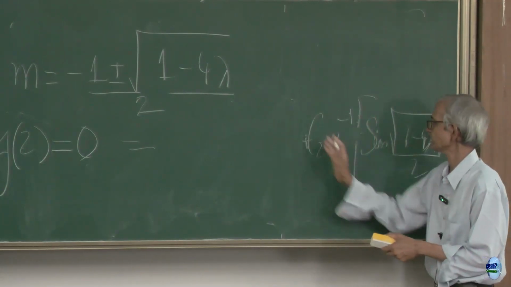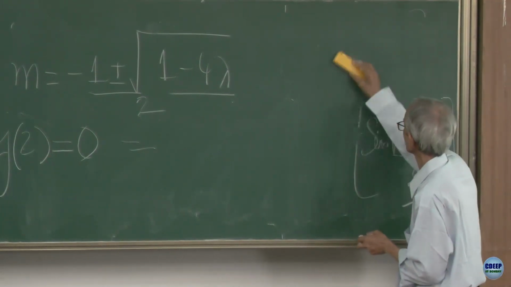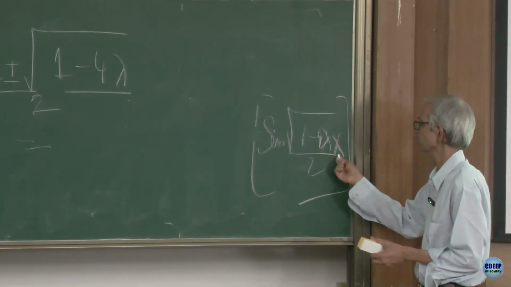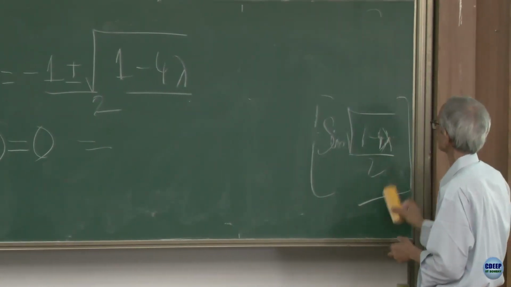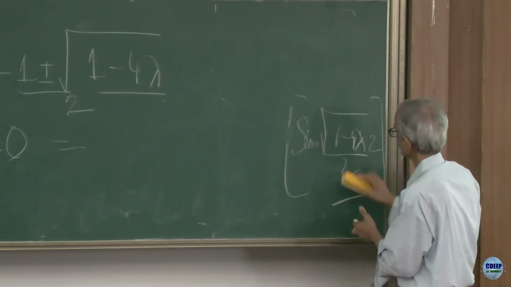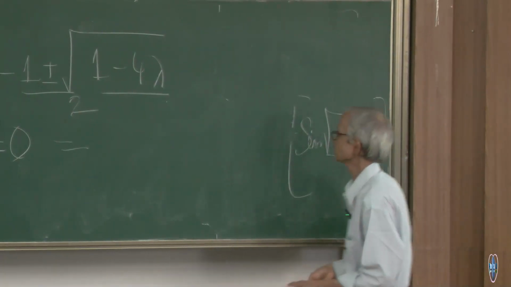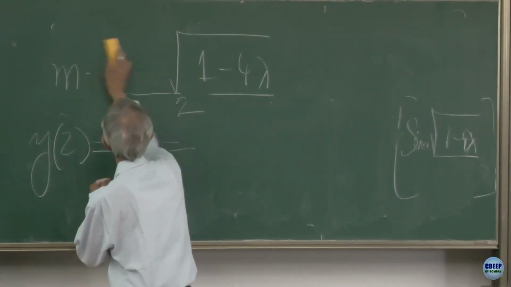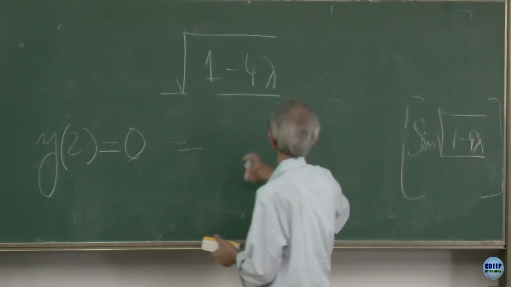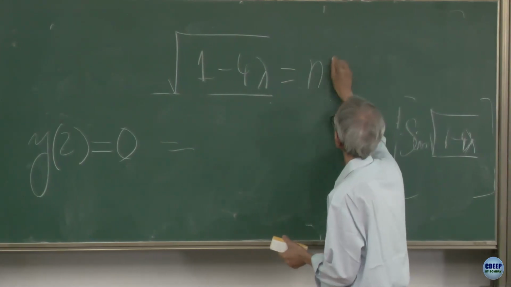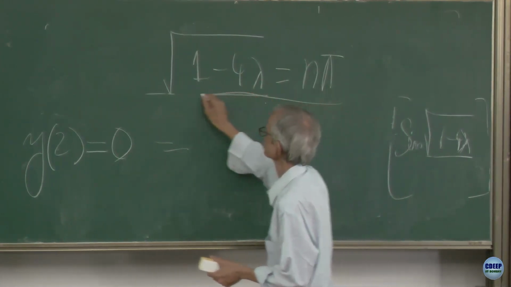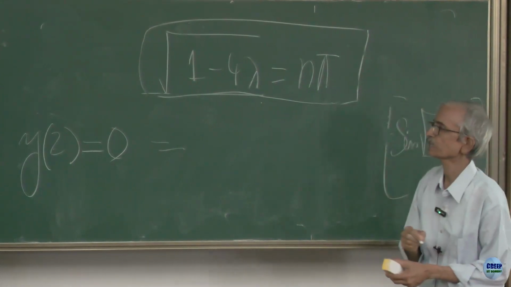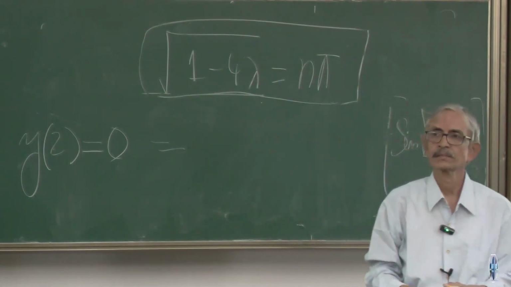So these two are out, and what we get is sine of root of 1 minus 4 lambda by 2 x, with x equal to 2, so this is gone. So you are going to get root of 1 minus 4 lambda is equal to n pi. Okay, so this is what I'm going to get by looking at the other condition there.